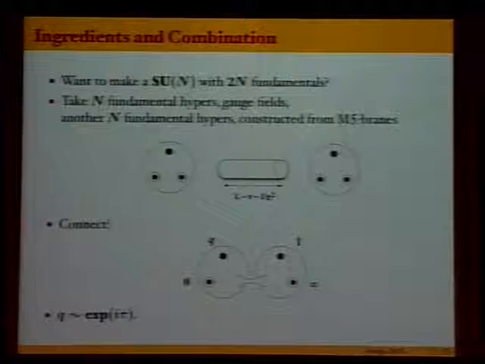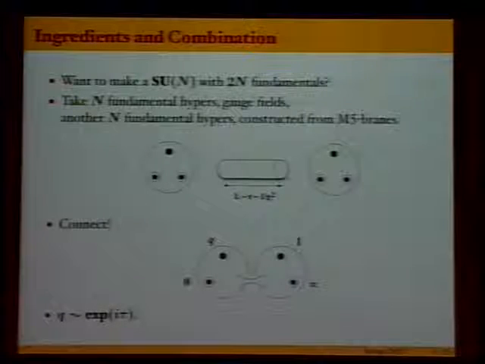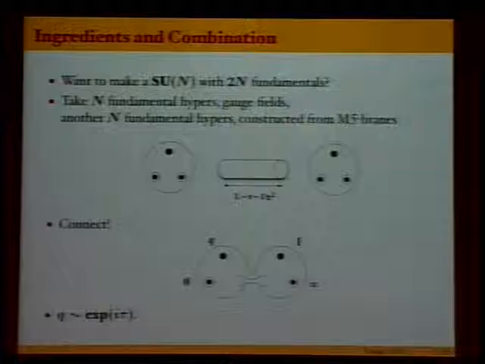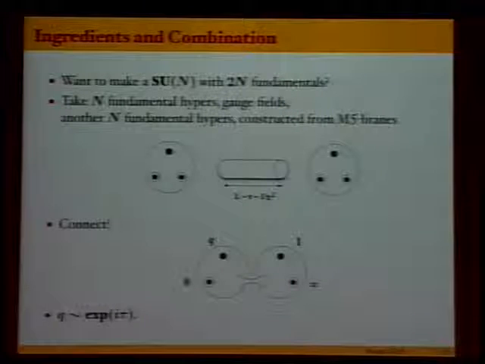Suppose you want to make a 4-dimensional N=2 gauge theory with SU(N) gauge group and 2N hypermultiplets in the fundamental representation, so that the theory becomes superconformal. The only thing you have to do is to choose the ingredients.